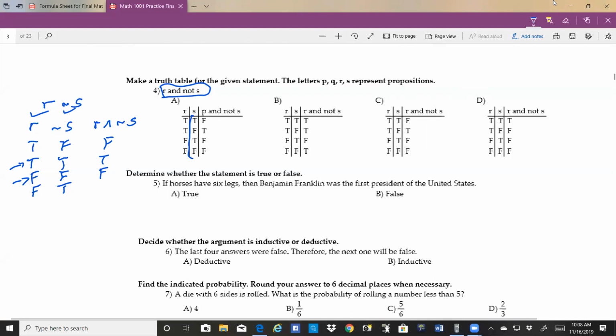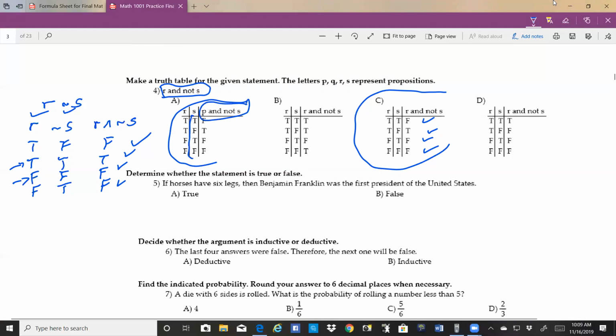And this one would be false. So the one that works here is C. False, true, false, false. Notice that this has false, true, false, false, but it's got P and not S, which was just thrown in there to maybe throw you off. So be careful with the answer that you pick.